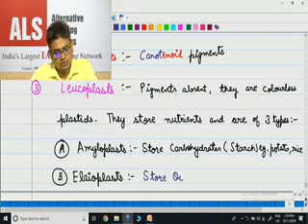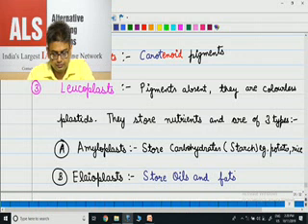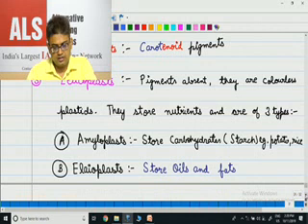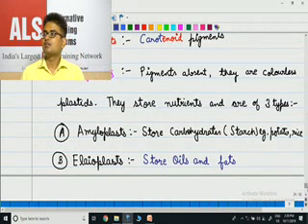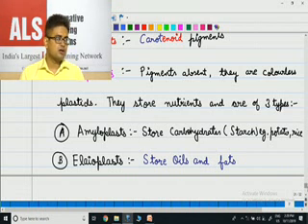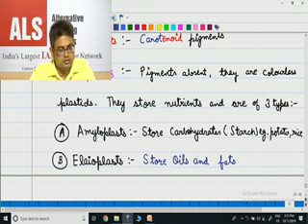Can you give me an example where oils and fats are stored? Mustard seed, sesame seeds, groundnut seeds. All these conditions where oils are stored will be under elaioplasts.